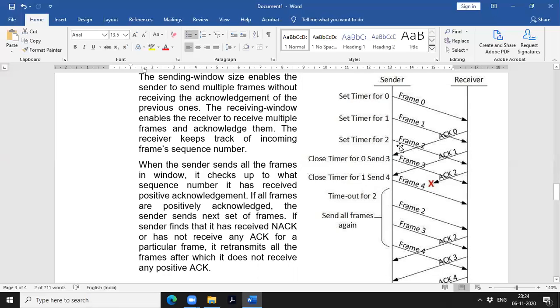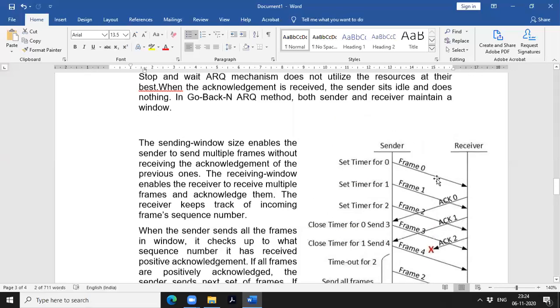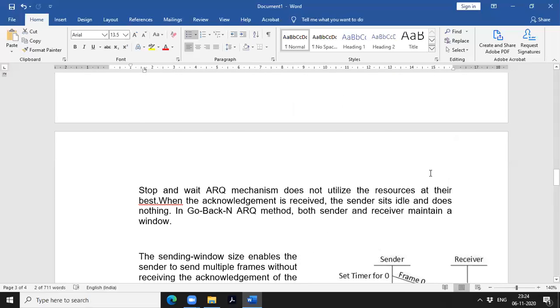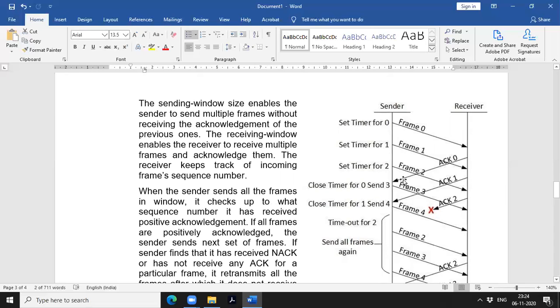So what Go-Back-N ARQ will do is, since we only receive an acknowledgement for the first 2 frames, frame 2, frame 3 and frame 4 will be automatically discarded at the receiver side.